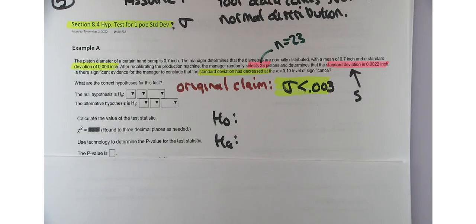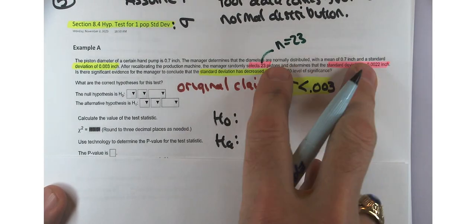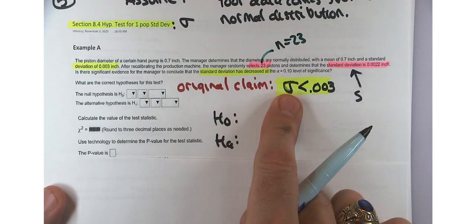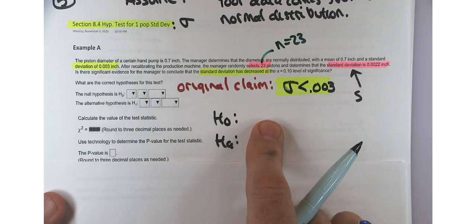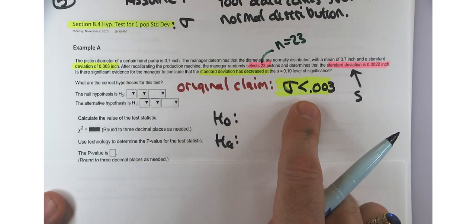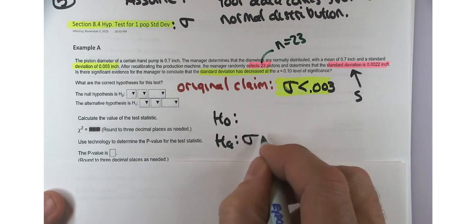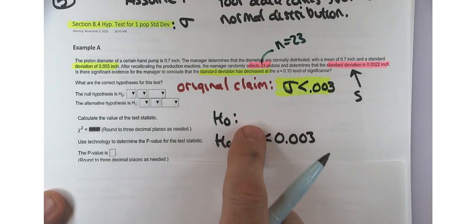We make some changes, and then we collected some data and said, all right, has it changed from its original standard deviation? Has it decreased? Okay. So is this going to be part of H0 or HA? HA. HA. Sigma is less than 0.003. What am I going to put here?